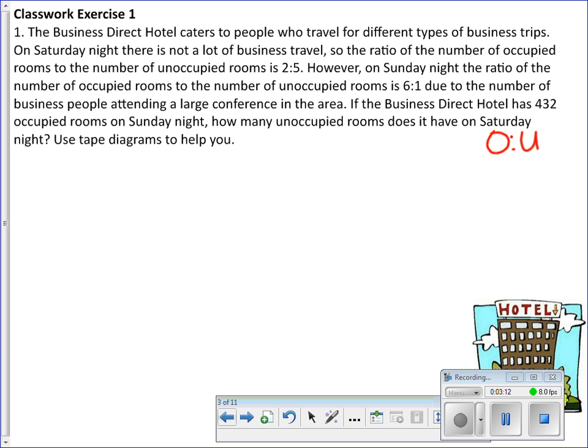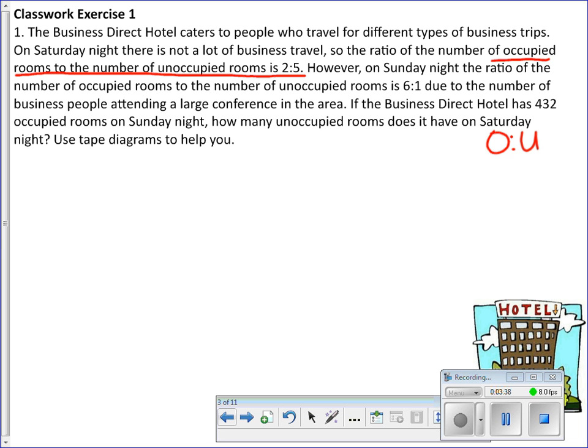Anybody confused right now? Why are you a little confused? I see two ratios in there. I see a ratio of occupied to unoccupied is 2 to 5. So go ahead and underline that ratio.